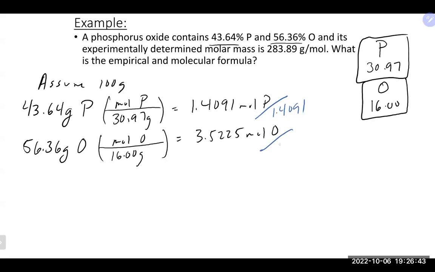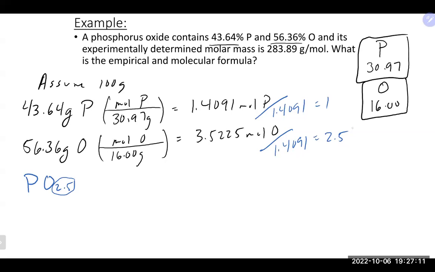So we're going to divide them both by the moles of the phosphorus, giving us 1 for the phosphorus and a 2.5, I think, for the oxygen. That means our empirical formula here is PO2.5. Problem with that is we cannot have a decimal, right? This is a number that is too far to round.